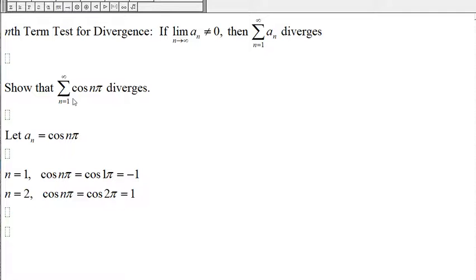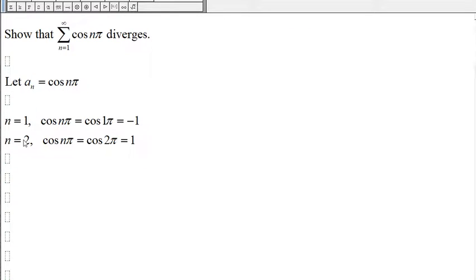Here we have the infinite series of cosine of n pi, and we want to show that this series diverges. And so let a sub n be cosine of n pi. And then we can see that when n is 1, then we get cosine of 1 pi, which is cosine of pi, and cosine of pi is -1.